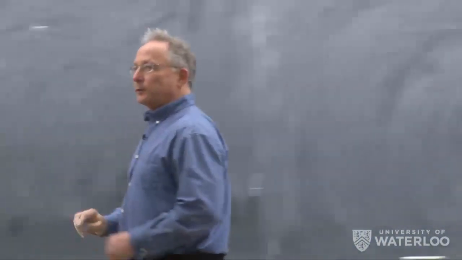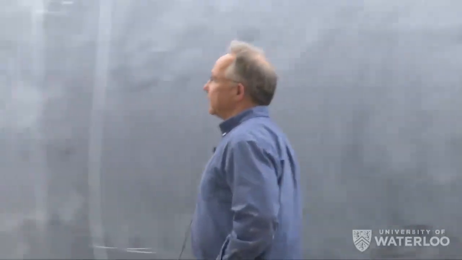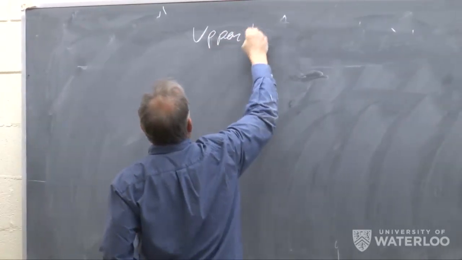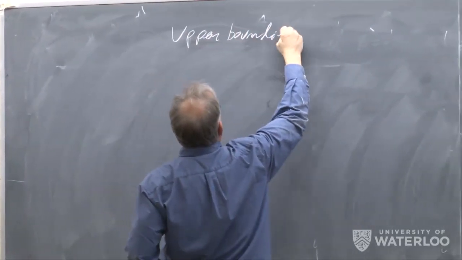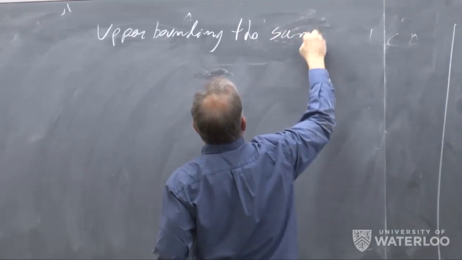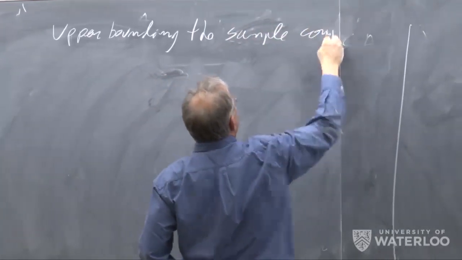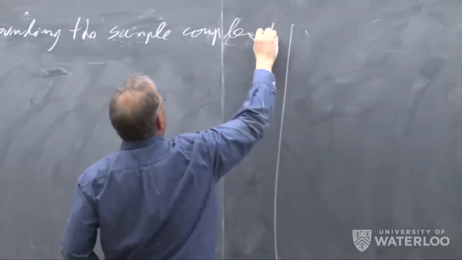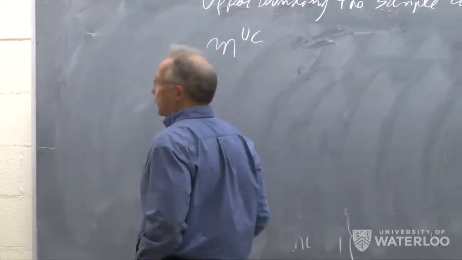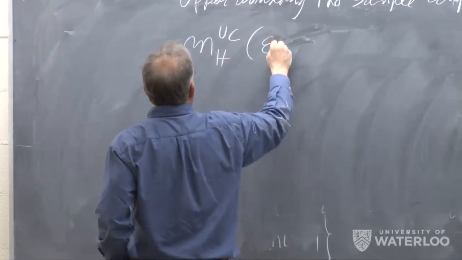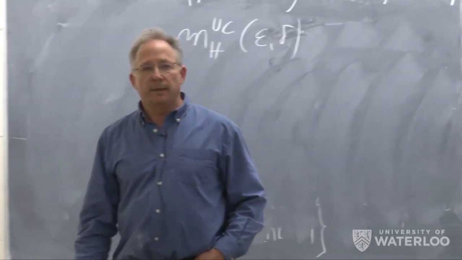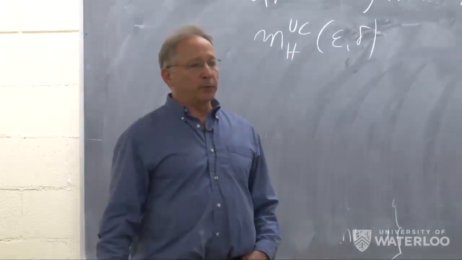OK, so what do we want to bound? Let us look at upper bounding the sample complexity. I want to upper bound the M uniform convergence with respect to H of epsilon delta. So let us recall what we want to bound here.